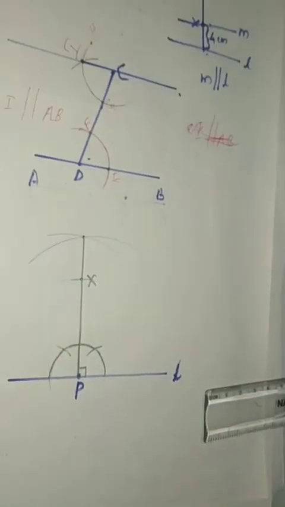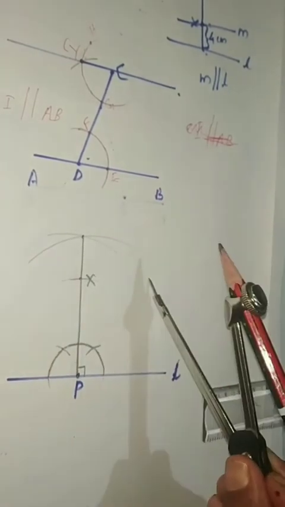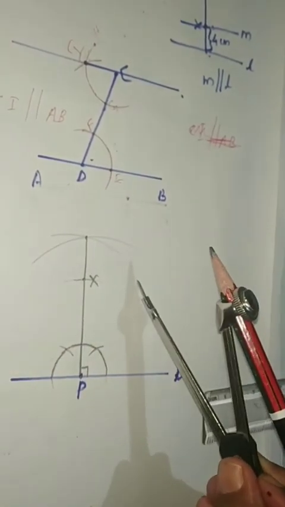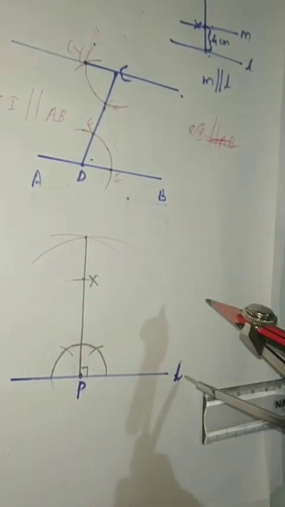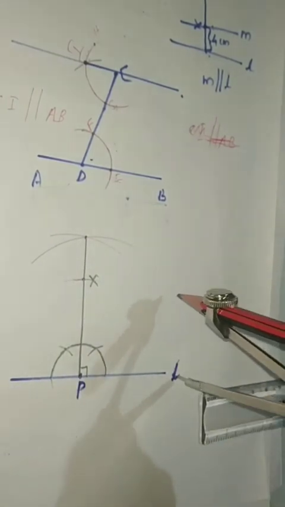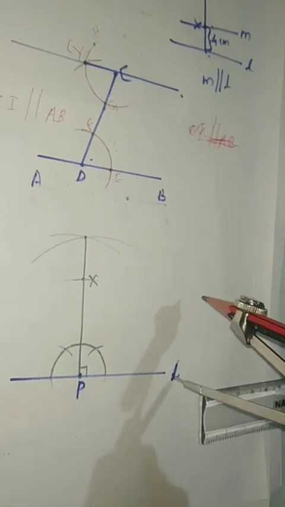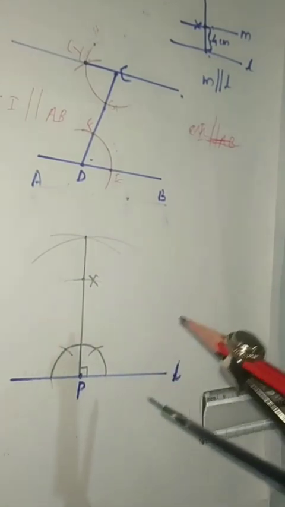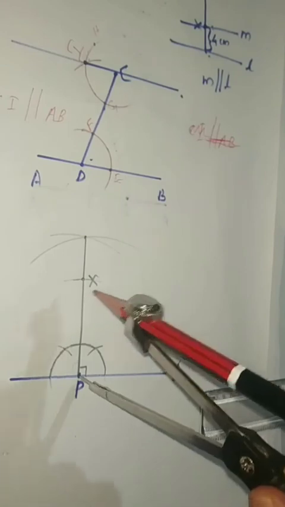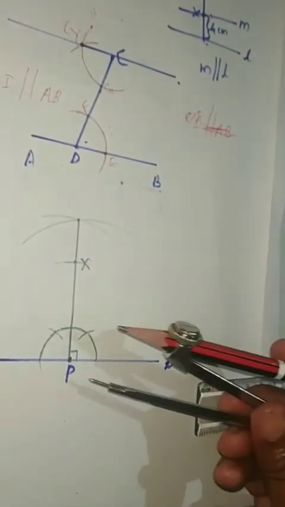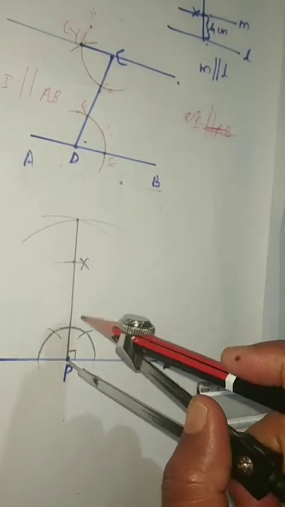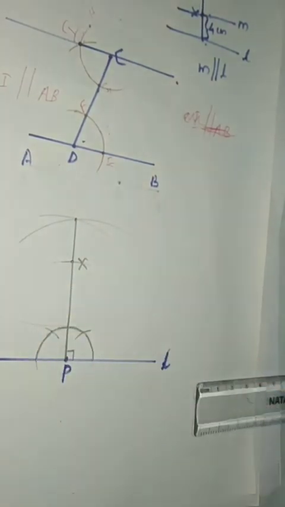Now the question is, through X we have to draw a parallel line. That parallel line will be parallel to this line L. Now here already one arc is there. We can take the distance of this arc, so we can avoid making more arcs.